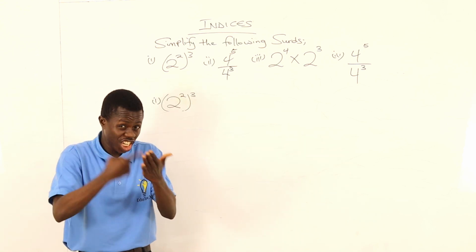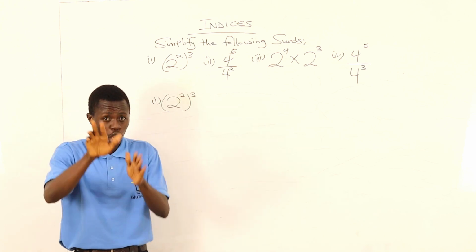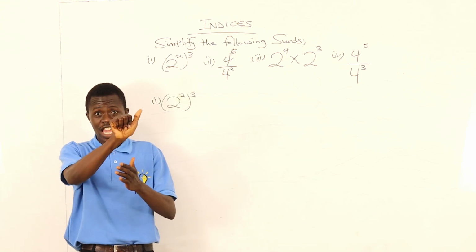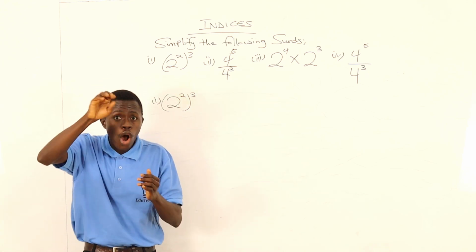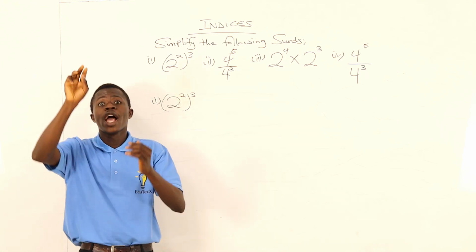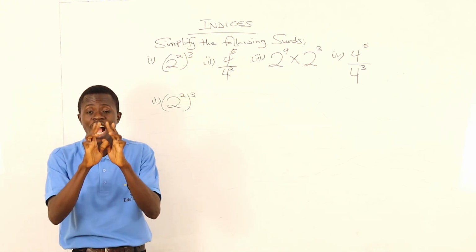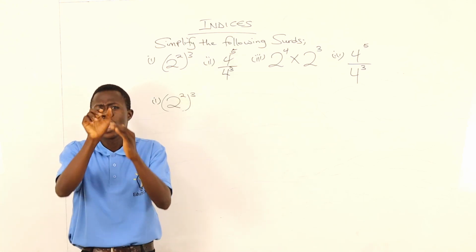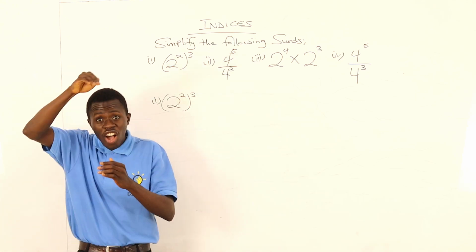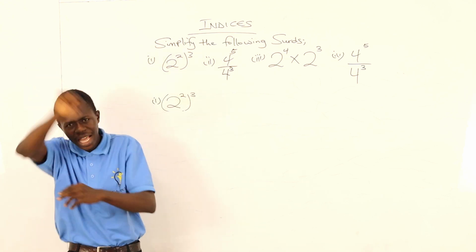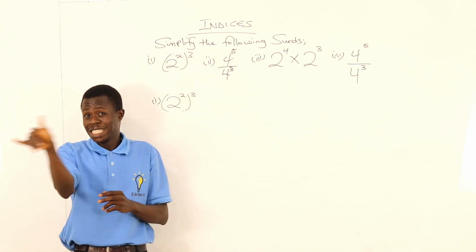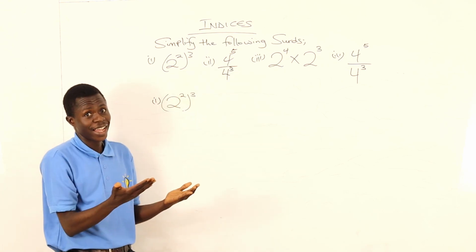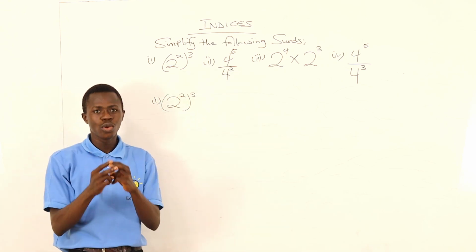When you compare what you have on the board to the 3 laws, we realize that it resembles law 3, which says A raised to the power m, multiplied by the power n, is equal to A raised to the power m multiplied by n. So we apply the same idea to this example.